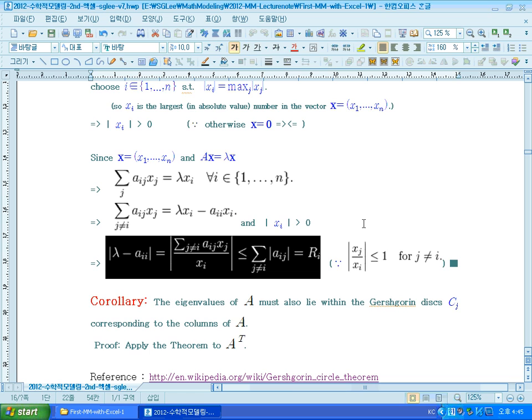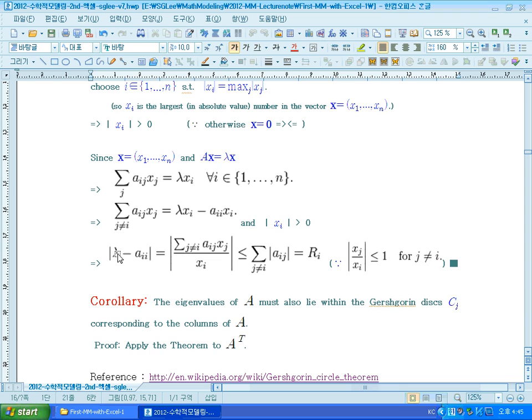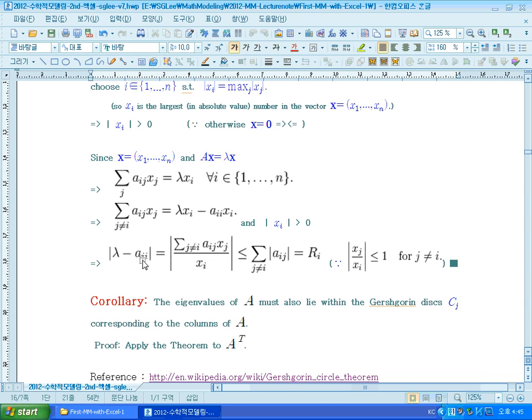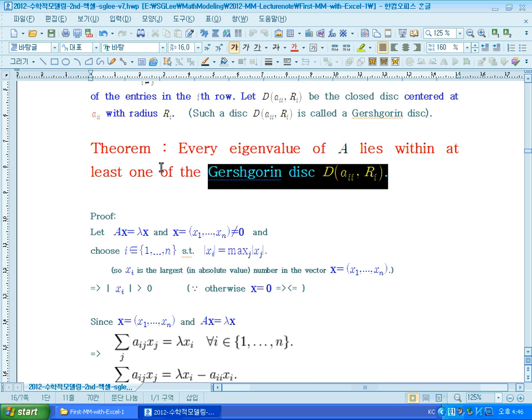This gives us a criterion to tell the location of the eigenvalue. This eigenvalue lambda should be in one of the circles with center at a_ii and radius R_i. This is the Gershgorin circle theorem.